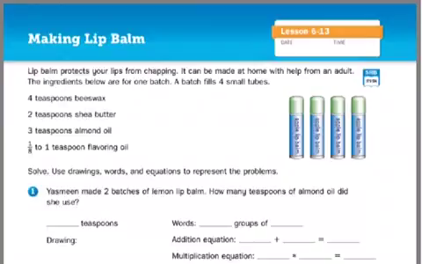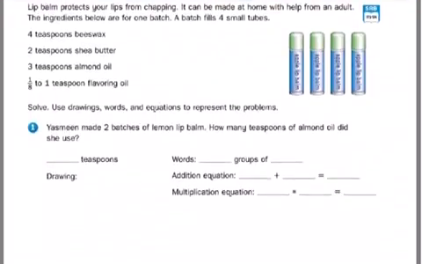So, the questions. Let's unlock that so we can move it up a little bit. We're going to use drawings, words, and equations to represent the problems. And let's see what it says. Yasmin made 2 batches of lemon lip balm. How many teaspoons of almond oil did she use?